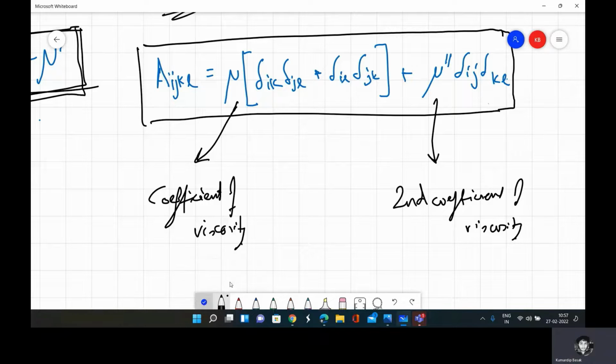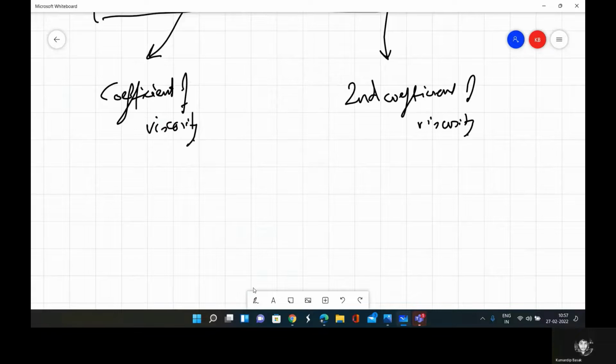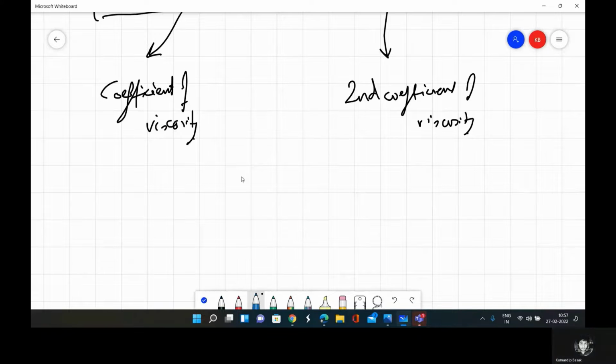Therefore, what we can write from these two constructions, that Dij equals Aijkl dou uk by dou xl.